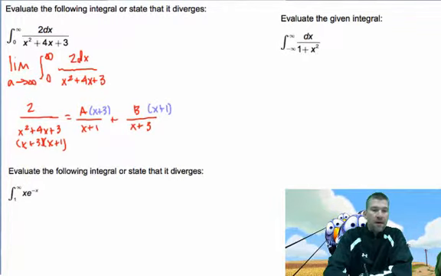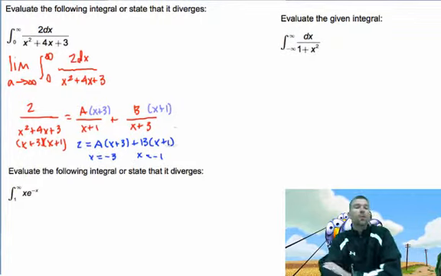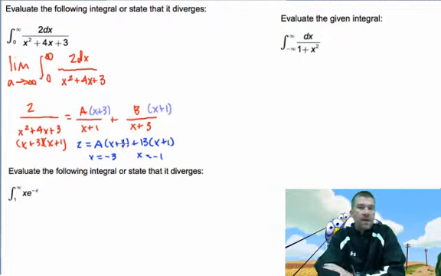And we have now, from our partial fractions, 2 equals A times x plus 3 plus B times x plus 1. We're going to let x equal negative 3 and x equal negative 1, because we want to find out what A and B are.